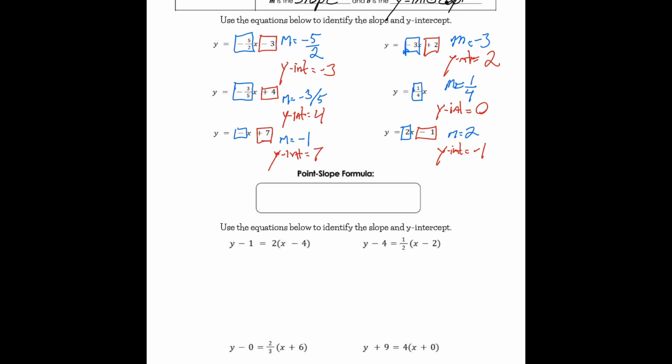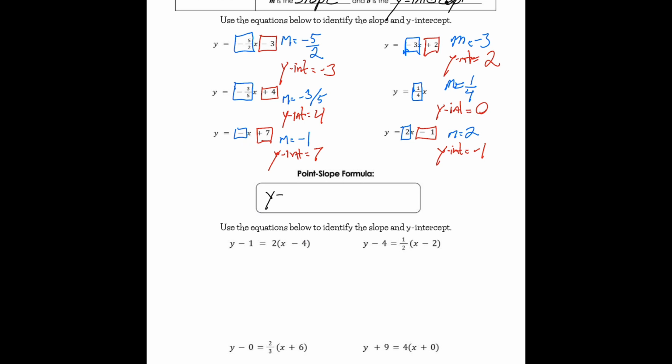So first thing we're going to do is write out what our point slope formula is. Our point slope formula: y minus y1 equals m times x minus x1. Let's go back and use some different colors, so I'm not changing up my colors.